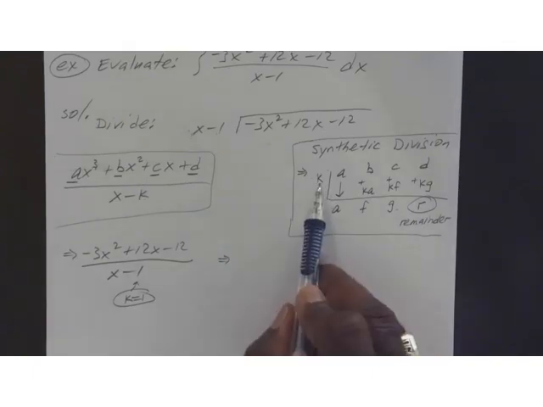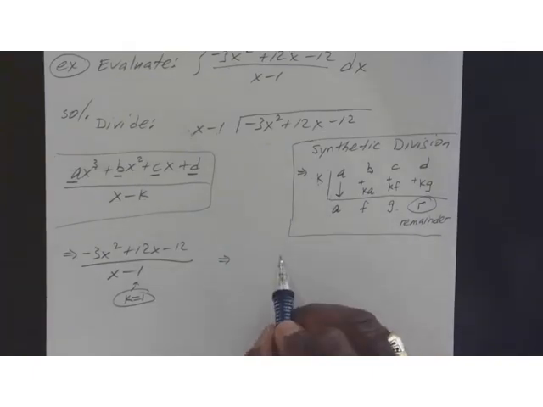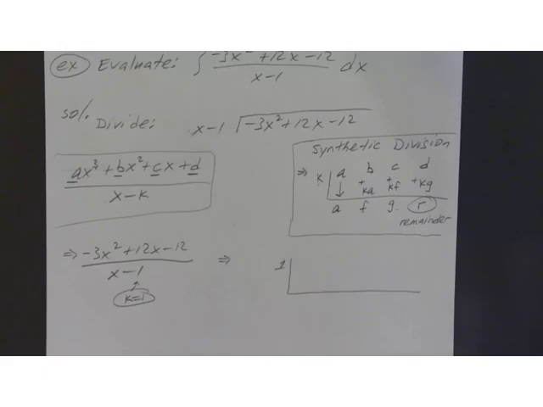So that means on the outside, we go ahead and put that 1. And we get our little flipped division bracket. And we write all of our coefficients. So we have negative 3, 12, and negative 12.